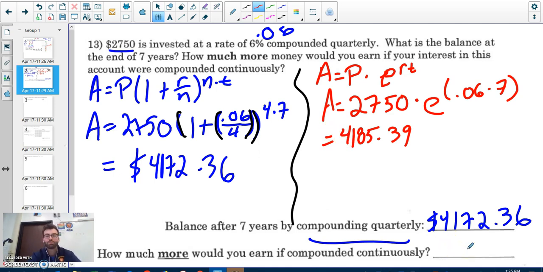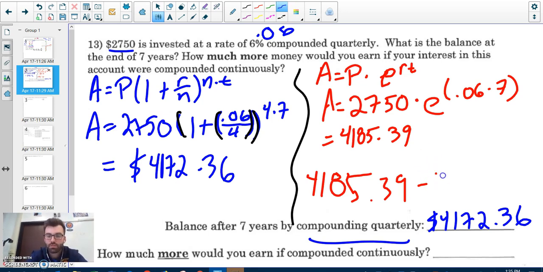Remember, this says how much more money would you earn if your interest was compounded continuously. So I need to subtract. I need to take the amount of money I earn when it's compounded continuously, my number in red, and subtract the number in blue, minus 4172.36.